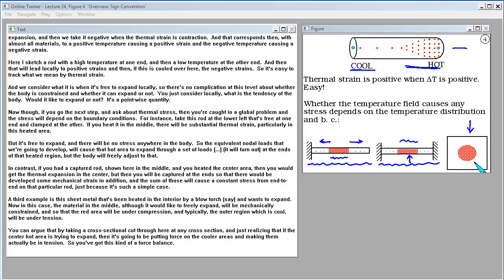You can argue that by taking a cross-sectional cut through here at any cross-section and realizing that if the center hot area is trying to expand, then it's going to be putting force on the cooler areas and making them actually be in tension. So you've got this kind of a force balance.